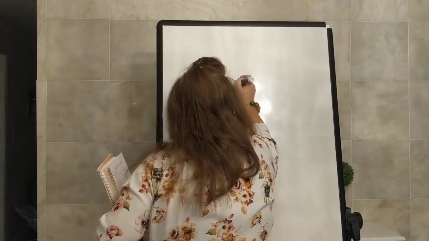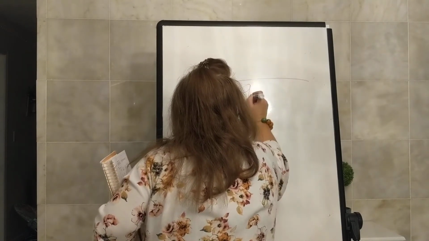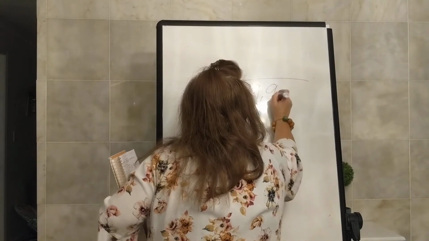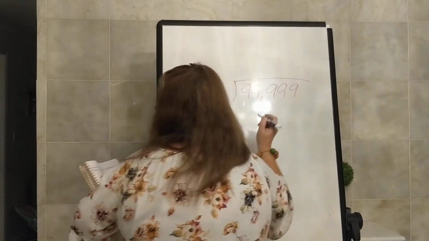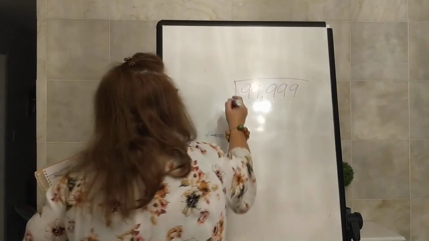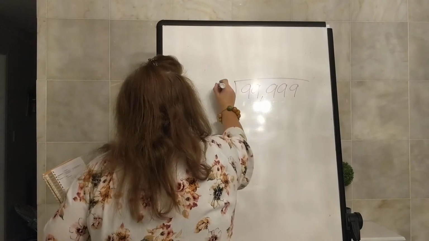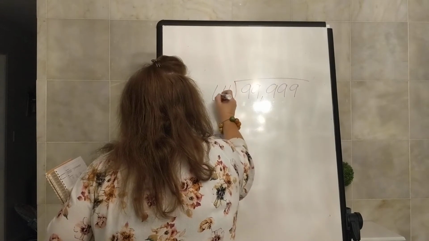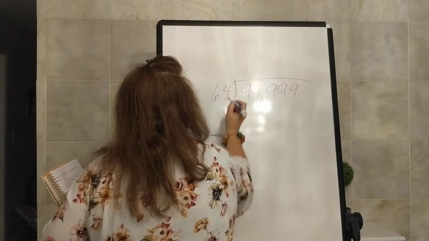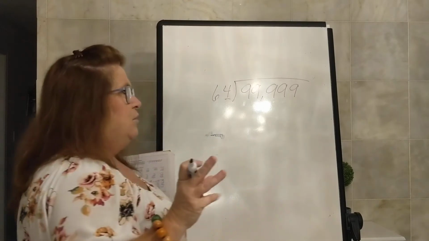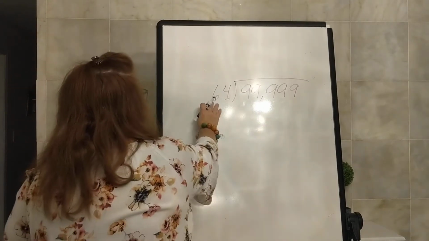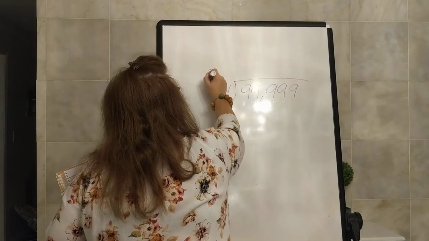We have 99,999 divided by, what are we dividing by? 64. Yes. So we look at our second digit. Our second digit is a 4, so that tells us if it's 0, 1, 2, 3, or 4, we're just going to use our first digit for our pretend divisor.